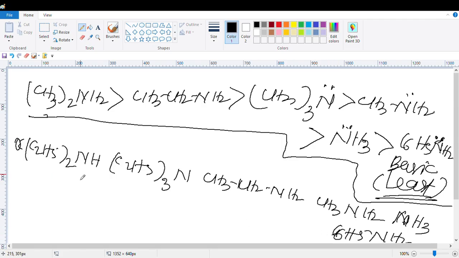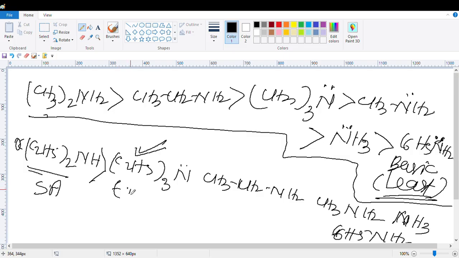So here the highest plus I effect is in triethylamine, but diethylamine, that is the secondary amine, will be more basic, as the ethyl groups cause steric hindrance and hide the lone pair of nitrogen, and in this way the electron donating property of nitrogen of triethylamine becomes less.